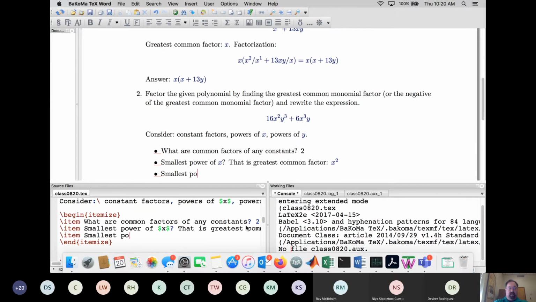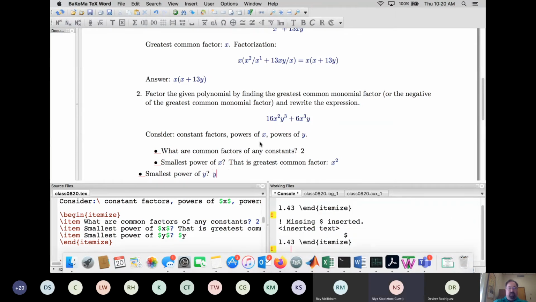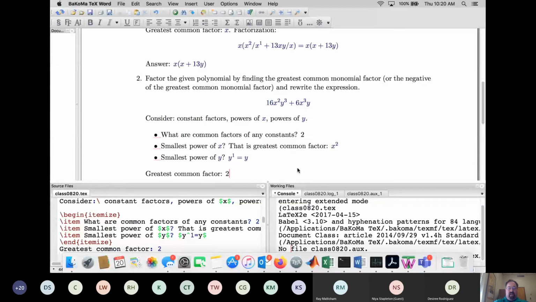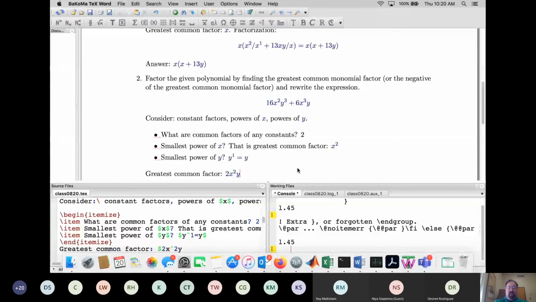Then the smallest power of y, which is plain old y, or y to the first, because we have y cubed and then just a y by itself. So if we put all of that together, multiply all of these, we have 2x squared y.